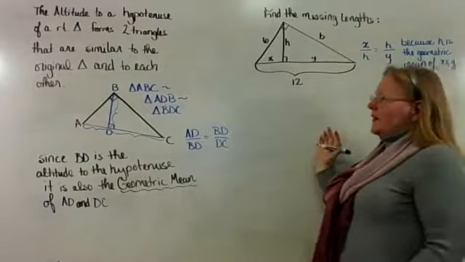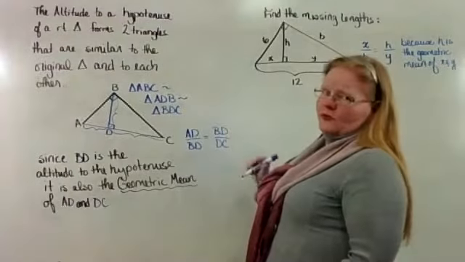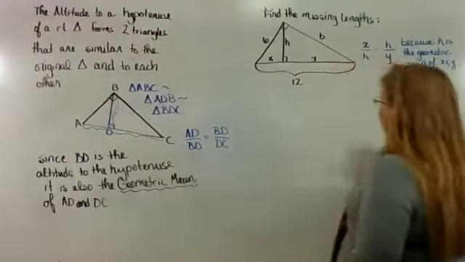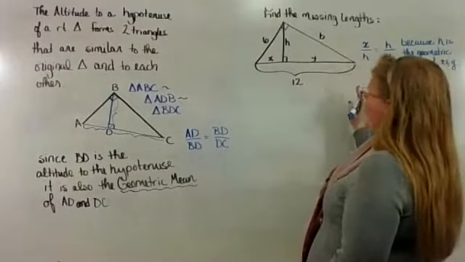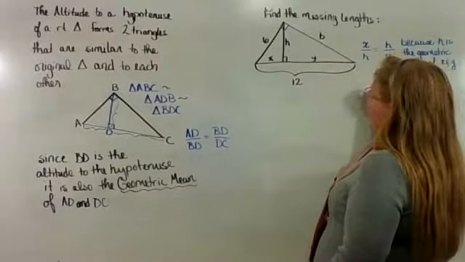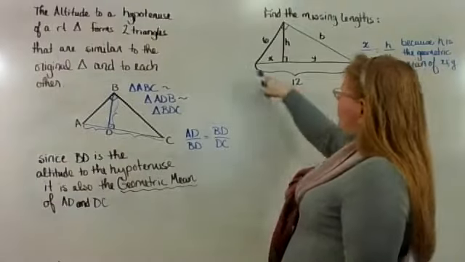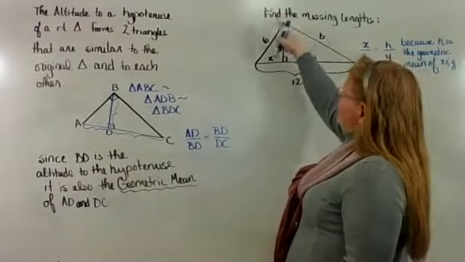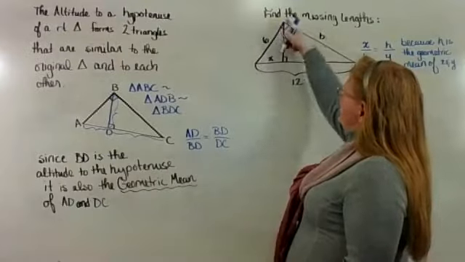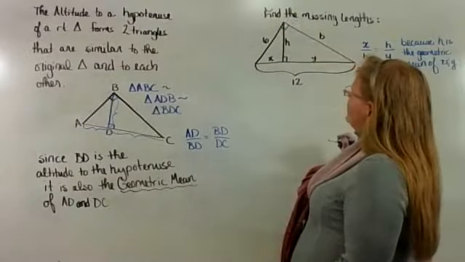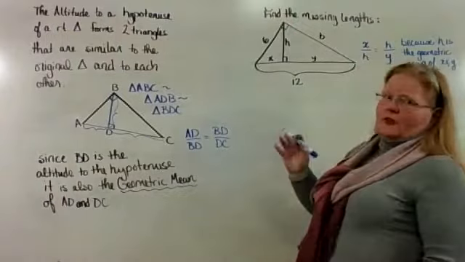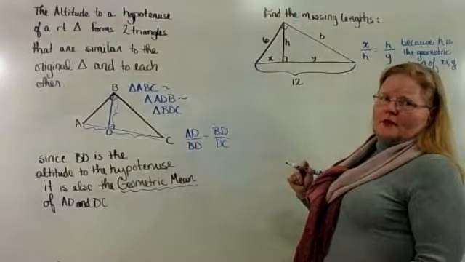The other fact that I know is that they're going to have to be similar triangles. So when I go to write my similar triangles, I'm going to say that this triangle happens to be similar to this triangle, which means they're going to have corresponding sides.